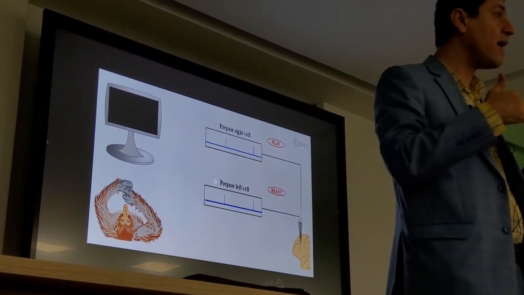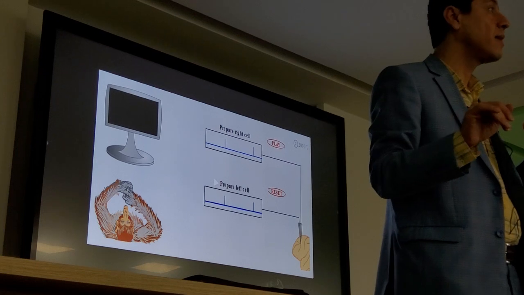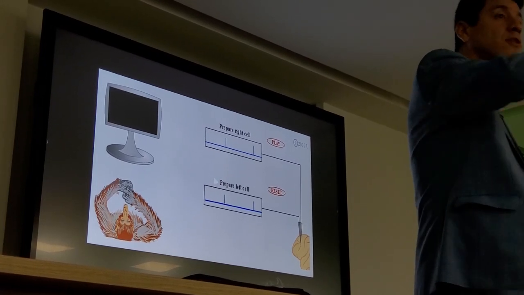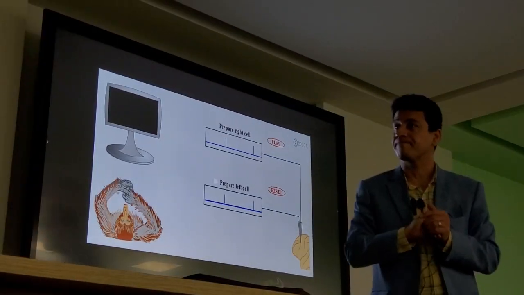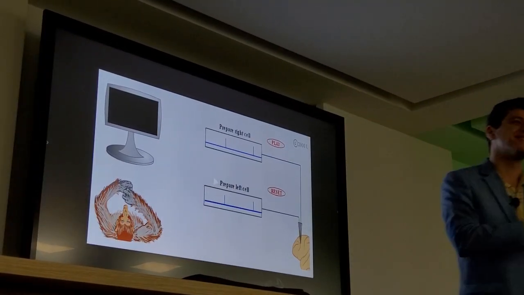But at this phase, the monkey is not allowed to do this movement. We need the second stimulation in order to allow the monkey to do the movement, right?